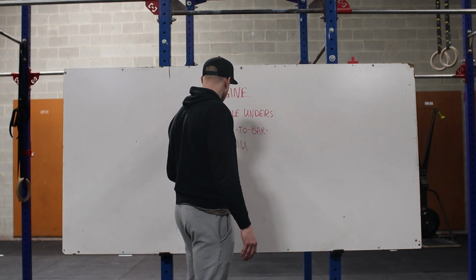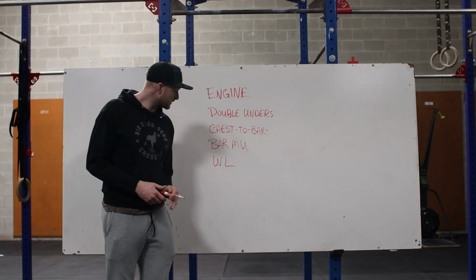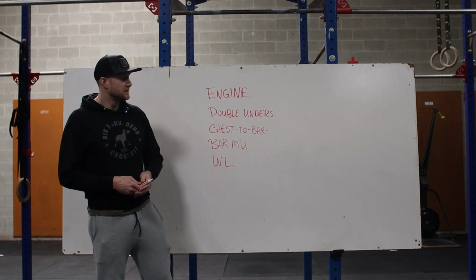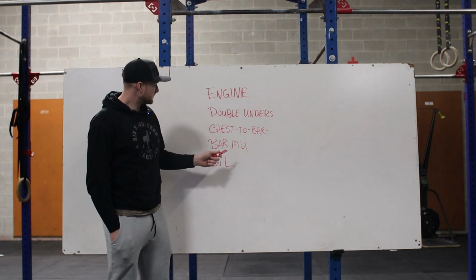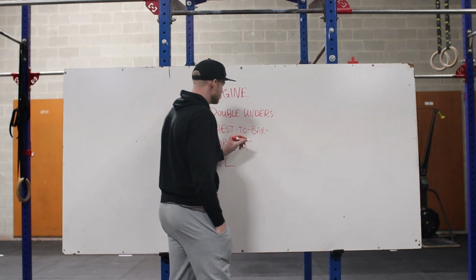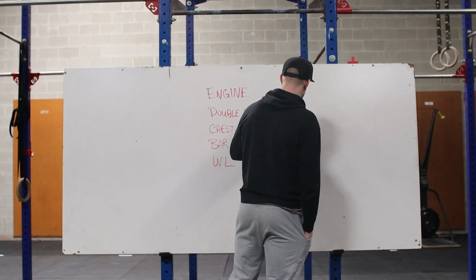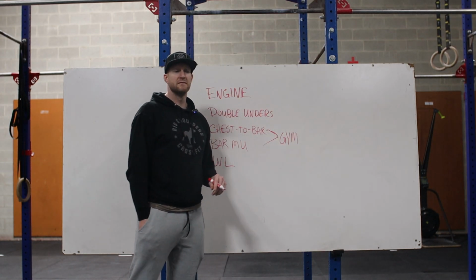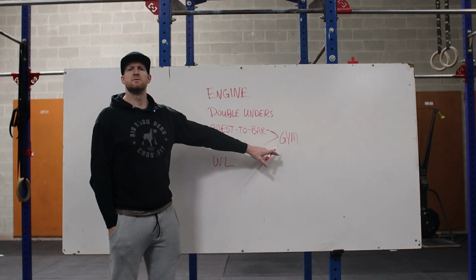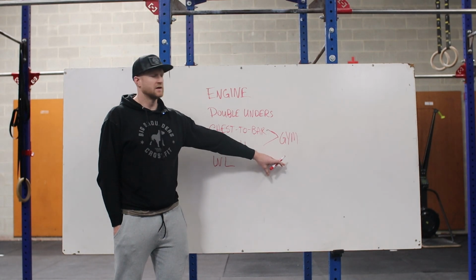So we'll just summarize that. That says WL. That's poorly written, but that says WL, weightlifting. So chest to bar pull-ups, bar muscle-ups, these are gymnastics movements. So having proficiency in gymnastics, summarize that to gym. Your ability to move your own body weight.